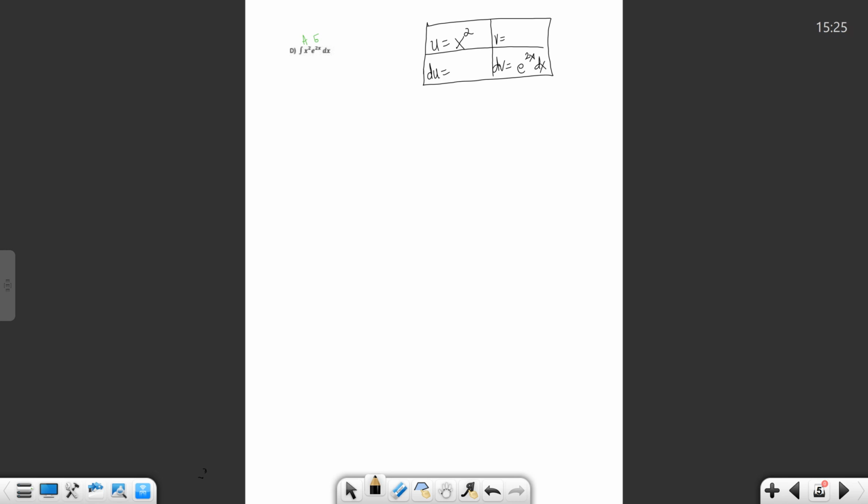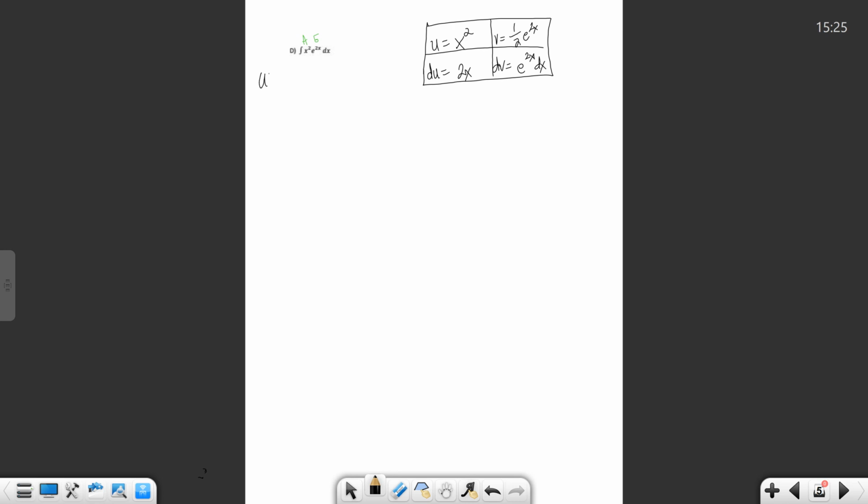Now, thinking about the integration that we did just a minute ago with that e to the 4x, as long as it's an x to the first power as that exponent, you're just going to multiply by the reciprocal of that coefficient. And then u is x squared, du is 2x.